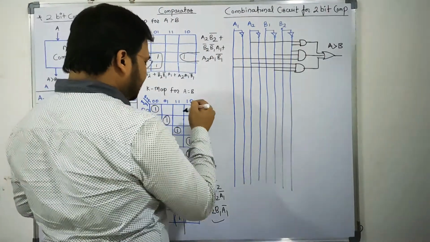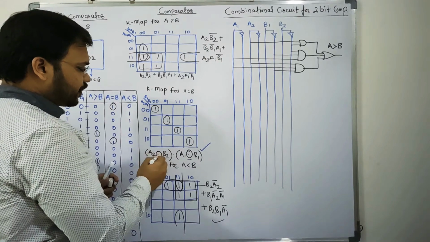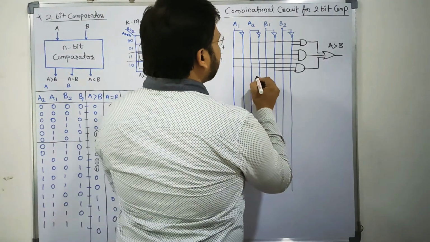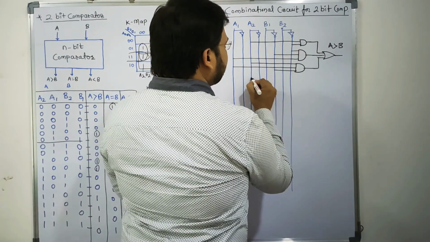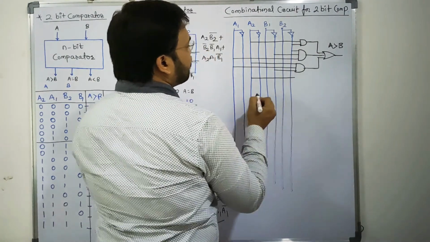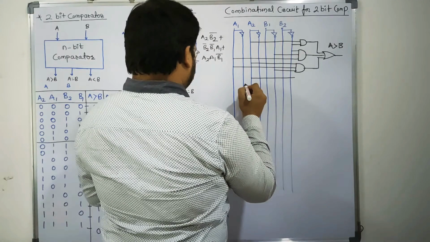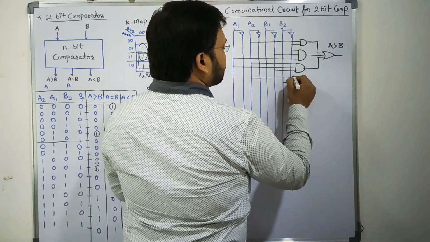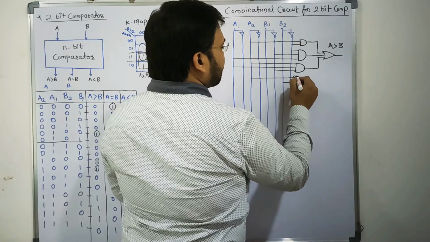Next, for A is equal to B, we have A2 XNOR B2, A1 XNOR B1. So first of all, the input lines from A2 and B2, and here the XNOR.